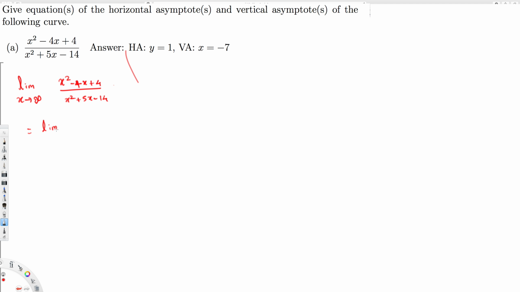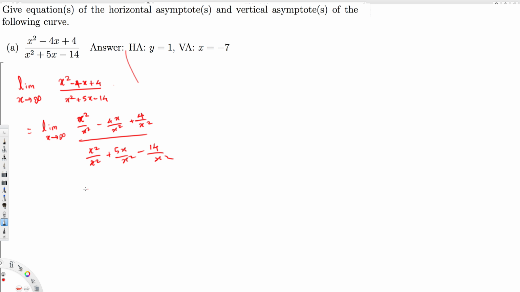So it's going to be the limit as x approaches infinity of x square over x square minus 4x over x square plus 4 over x square, over x square over x square plus 5x over x square minus 14 over x square.